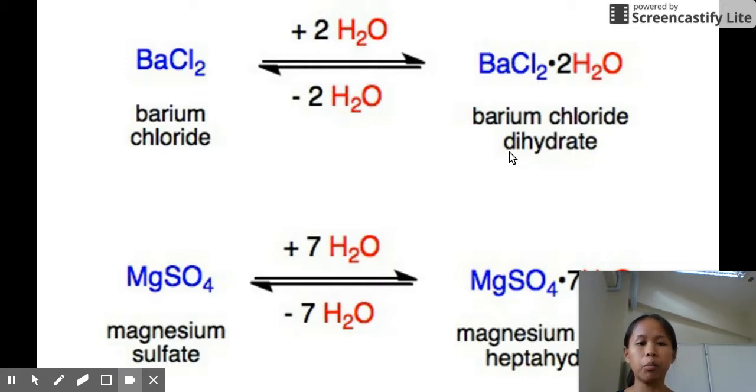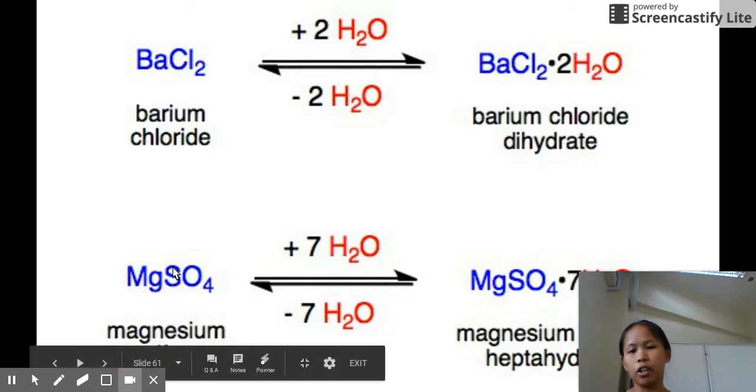So it becomes barium chloride dihydrate. Di means there are two water molecules in your barium chloride. So when you name hydrate compounds, all you need to do is use Greek prefixes to present how many water molecules are chemically bound to your compound.